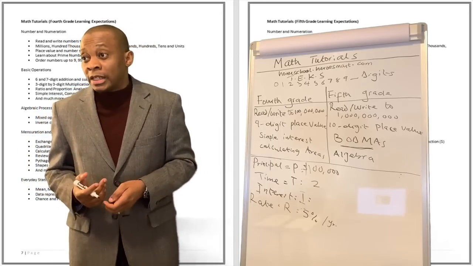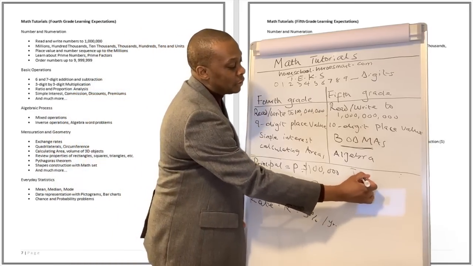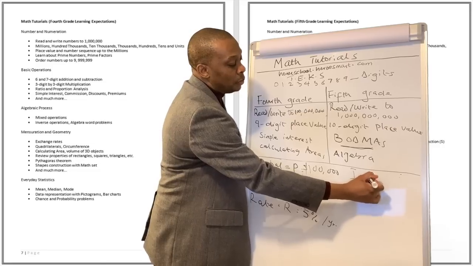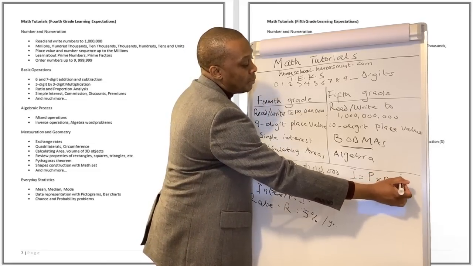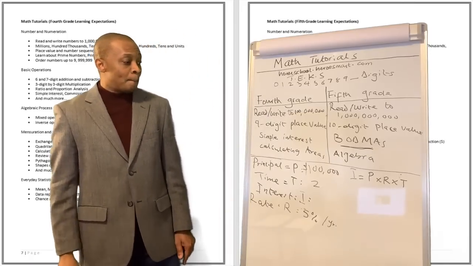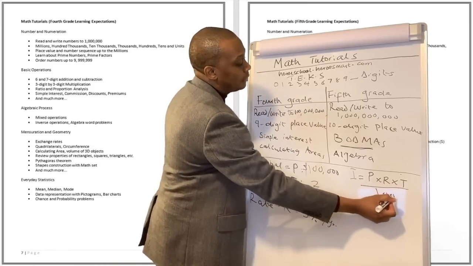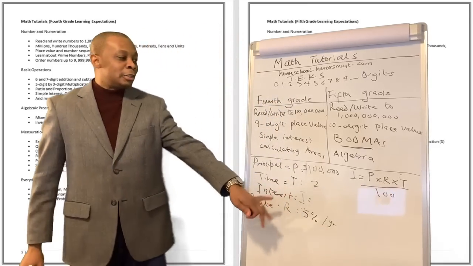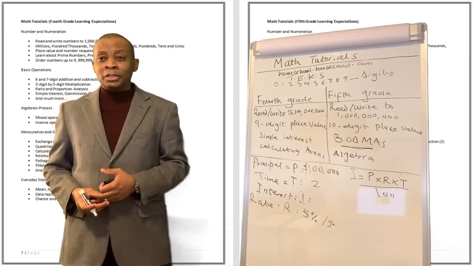How do I do this calculation? Well, simple interest is equivalent to P multiplied by R multiplied by time, and then divided by 100. You can get your child to commit this formula to memory so they can calculate simple interest properly.